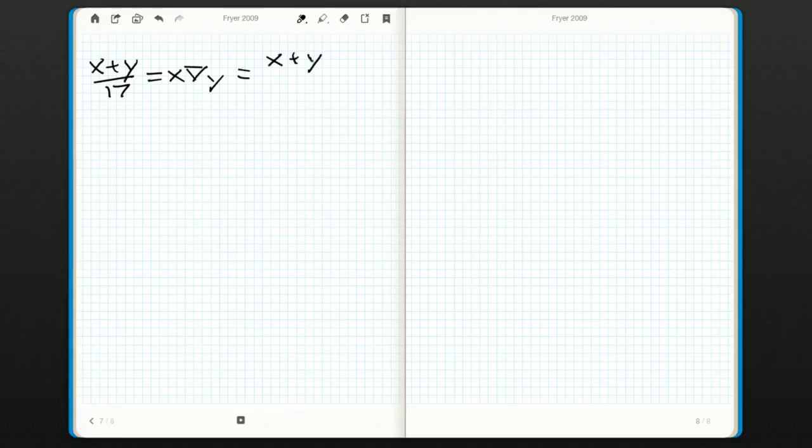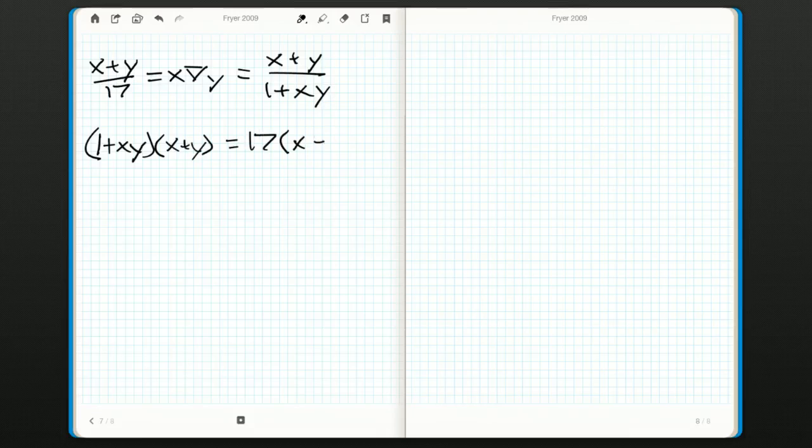It's x plus y over 1 plus xy. Okay? So now, just as we did before, we'll take this stuff and bring it over here, and this stuff and bring it over here. We'll have 1 plus xy, x plus y, is equal to 17 x plus y.